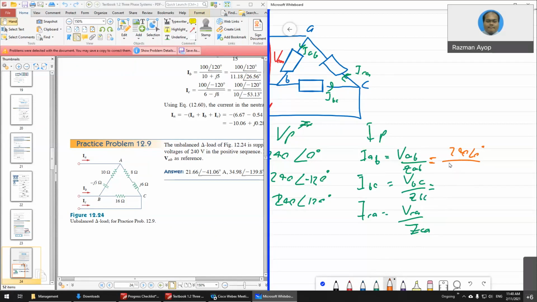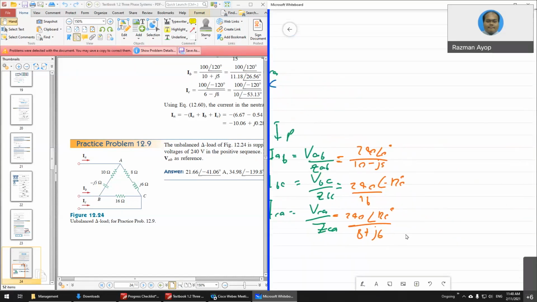Now, 240 divided by 10 minus j5, take from this one. And 240 divided by 16, don't forget the angle, negative 120 degrees. ZCA is 240 angle 120 degrees divided by 8 plus j6.